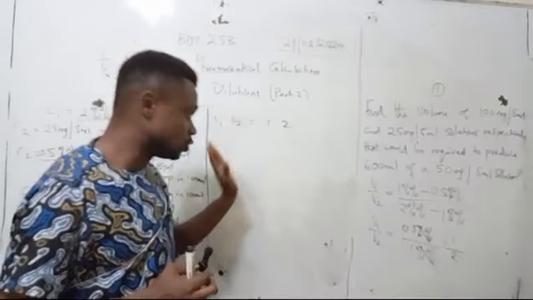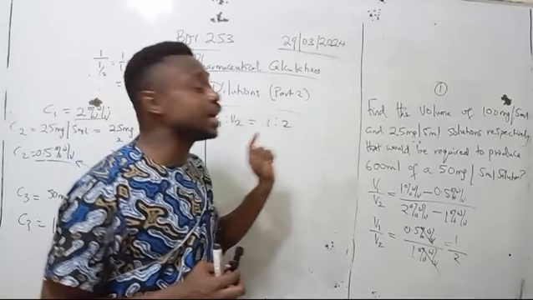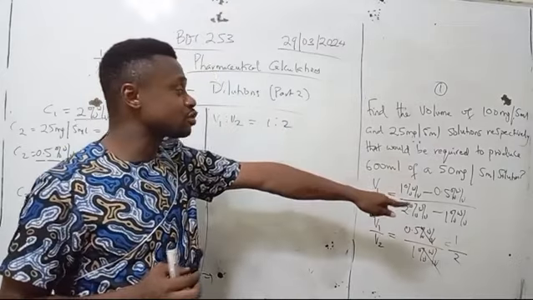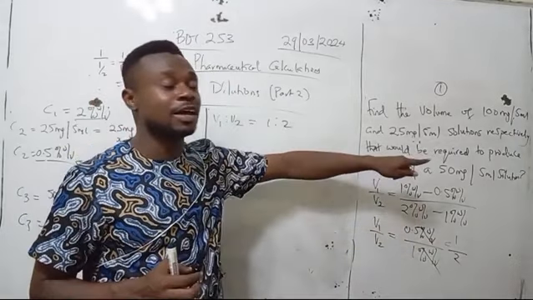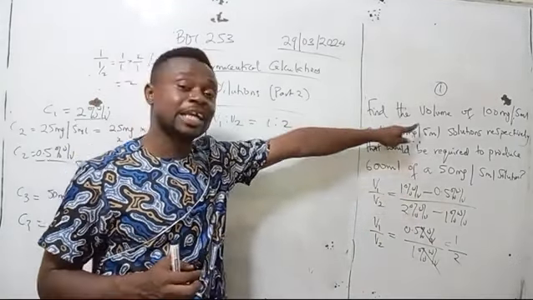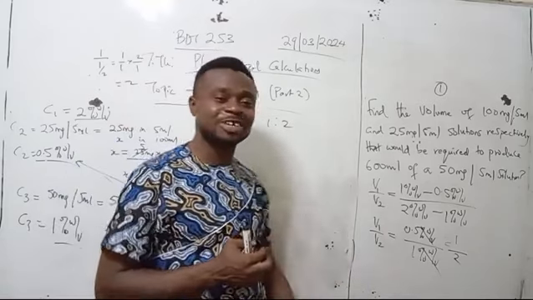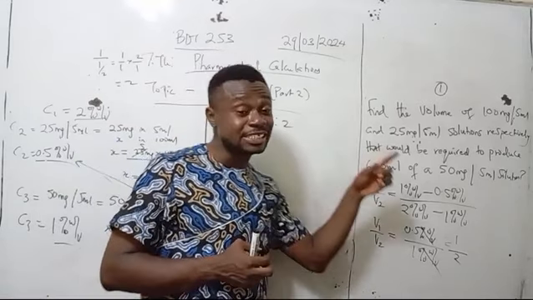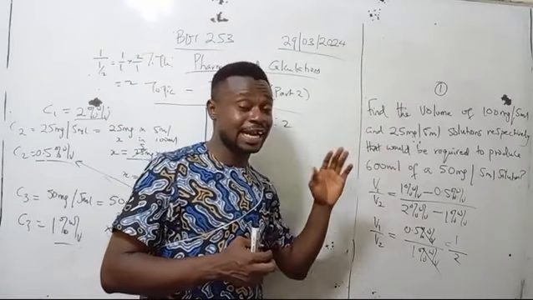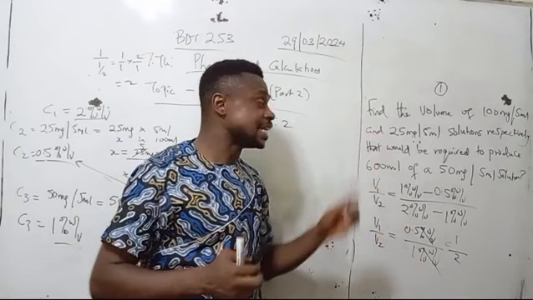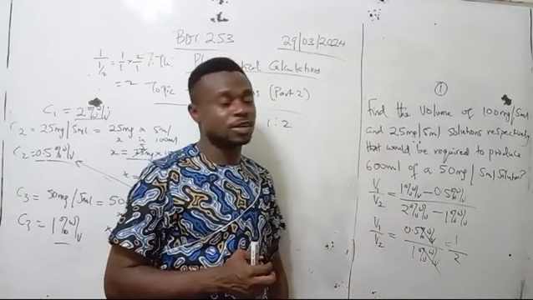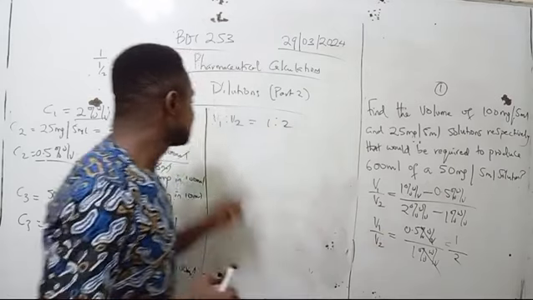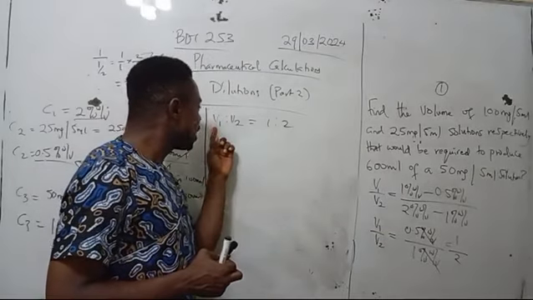To calculate the volume of each, inside this 600 ml, V1 has 1 part, while V2 has 2 portions.